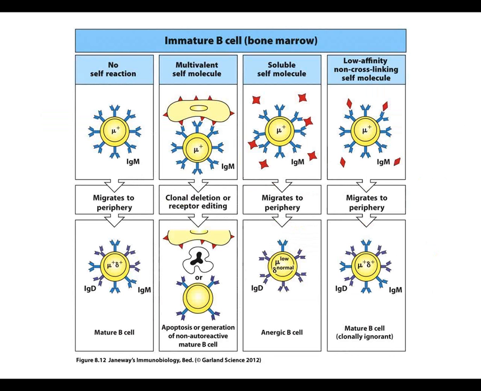Any lymphocyte, once it's recombined, has a certain risk of recognizing the wrong things, and the wrong thing would be yourself. You don't want an autoreactive lymphocyte. It can cause problems, as we know. So the options are: it's perfectly fine, it doesn't seem to react to self, so it goes on to the periphery. Perfect.